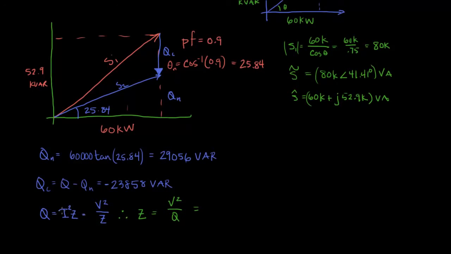V and I are the magnitudes of the respective values. So it's the magnitude of the voltage. And don't forget, complex power equals P plus JQ. I myself have made this mistake of sometimes equating Q with JQ, but Q is just Q.